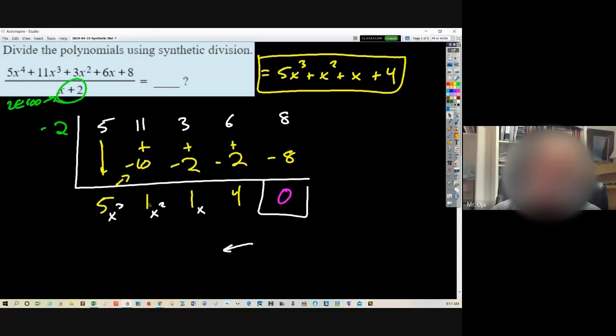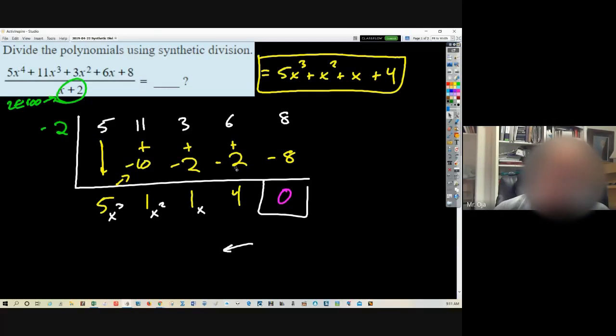So there we got another number that drops below the bracket. So immediately when a number drops below the bracket, we multiply by the outside number. So 1 times -2 gives us -2, which we push over into the next column. 3 plus -2 is 1. So we get another number below, another yellow number. 1 times -2 is -2.